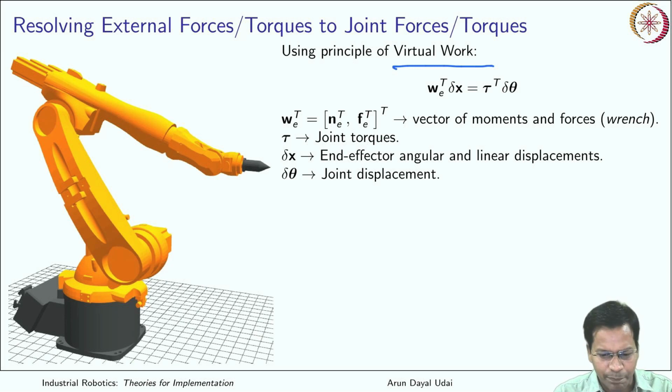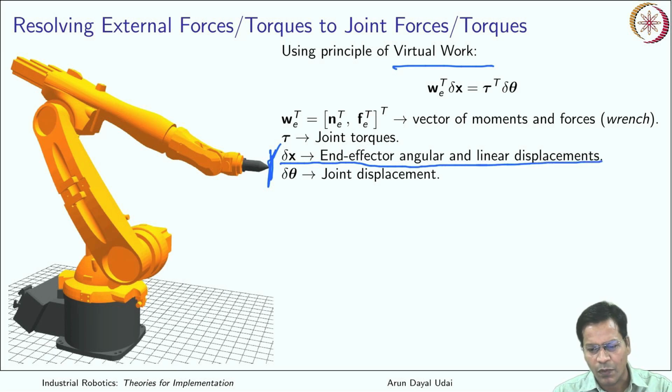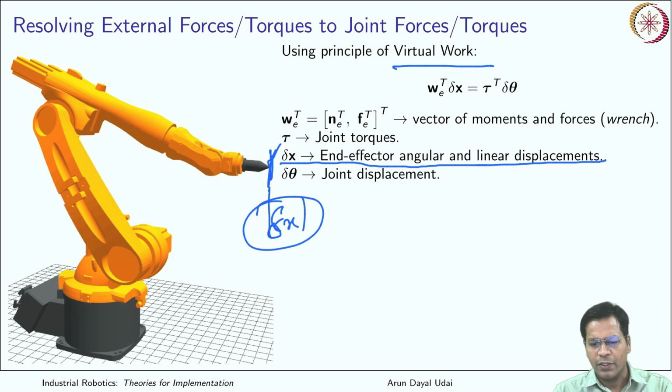If this tip of the robot moves by a small linear and angular displacement given by delta x, okay, so this must be doing some kind of work.